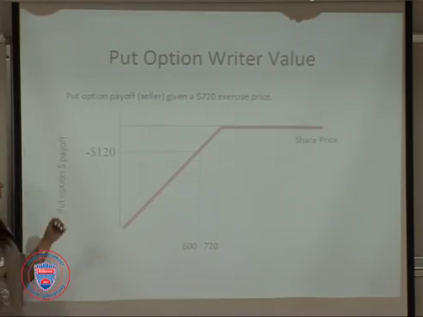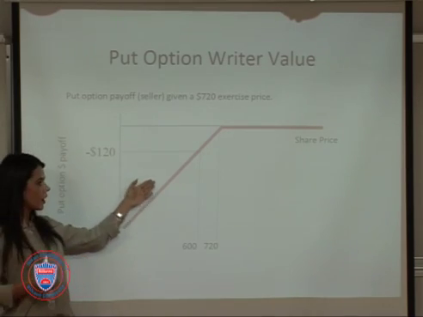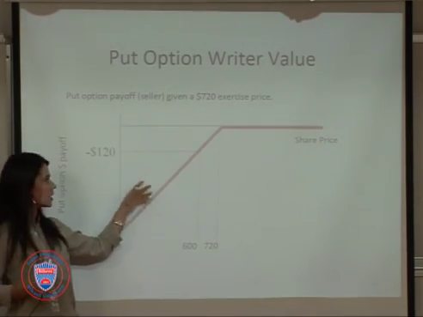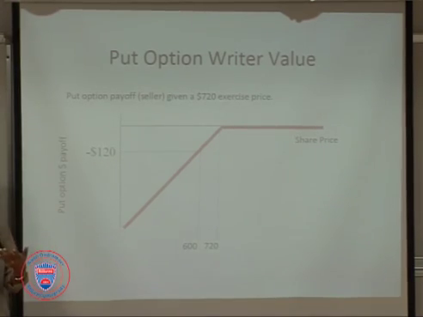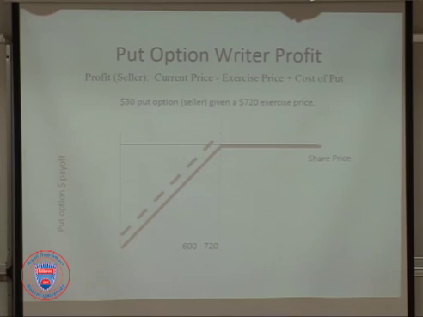This is the payoff. Again, when the put option is exercised, 120 is the money the option writer will lose. In profit terms, it will be $90. And if the option is not exercised, then you're just getting the money for the put option. That's it. So you're going to have something like this.